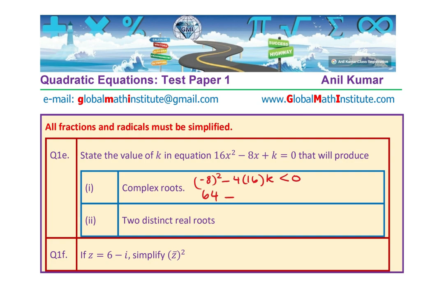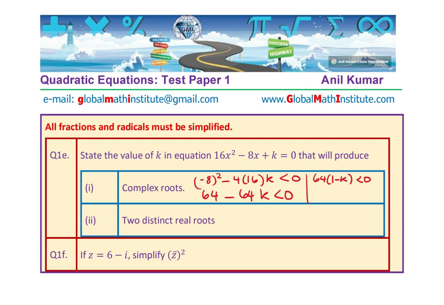minus 4 times 16 times k, which is also 64k, right? Less than 0. So you can take 64 common, 1 minus k less than 0.